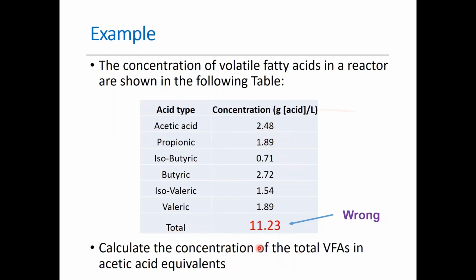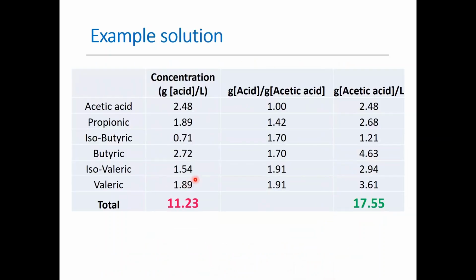So we have to calculate the total VFA in acetic acid equivalent. To do this, we have the conversion factor between the different acids and acetic acid, in gram acid per gram acetic acid. Here this is 1, as I mentioned.